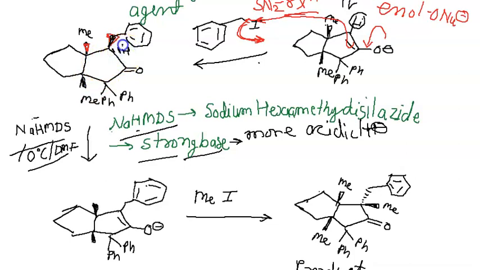This hydrogen is above or below the plane. This hydrogen is abstracted by this reagent, and a further carbon nucleophile is generated, and this carbon nucleophile attacks the electrophile, which is CO2 here.